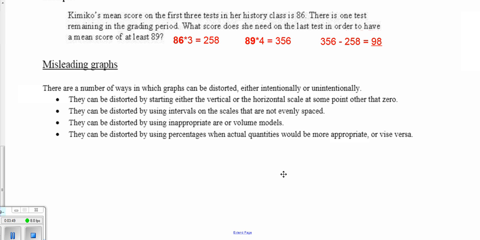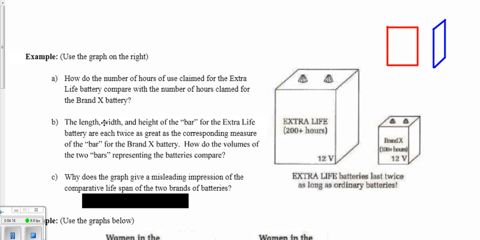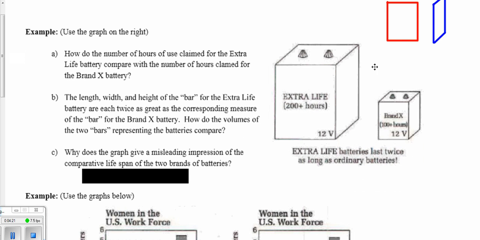Maybe they're trying to show you the percentage of something, and the percentages are really close, but they want to use actual numbers and say, oh, this one is only 4 and this one is 20, when really the 4 is still 50% and 20 is still 50% of their respective total amounts. So again, we want to make sure that we're comparing things evenly. Here are some examples of what that might look like.